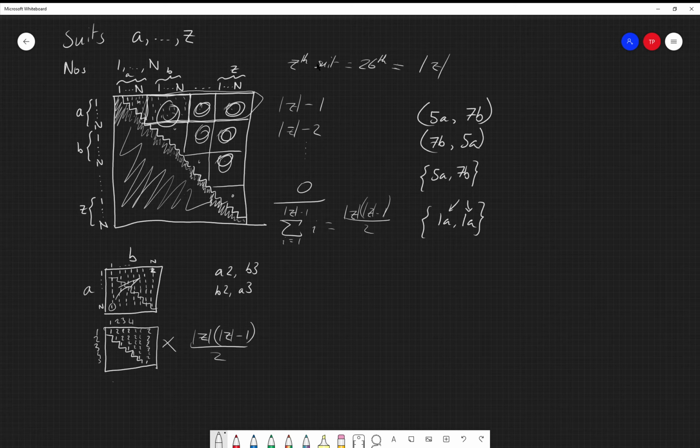And that will give us the number of non-matching suit pairs. So supposing that this game is poker, then there are 4 different possible suits. And therefore, and there are also 13 different cards.